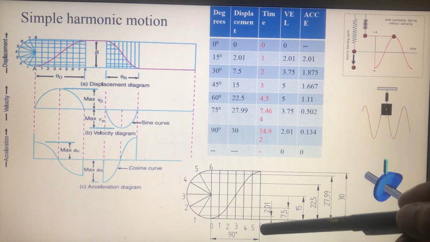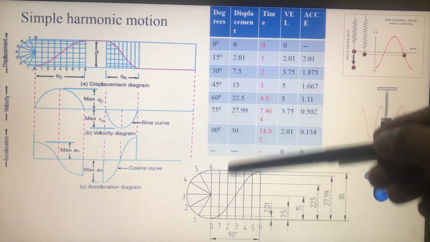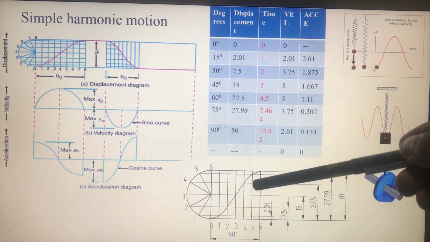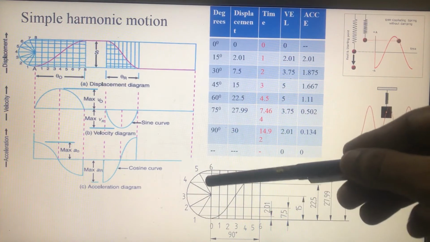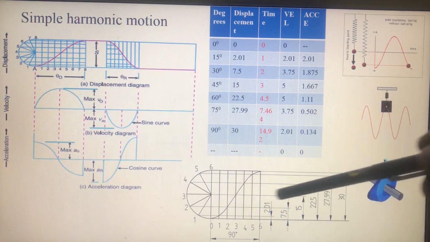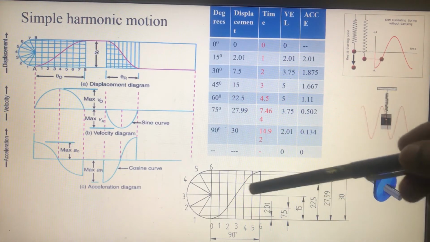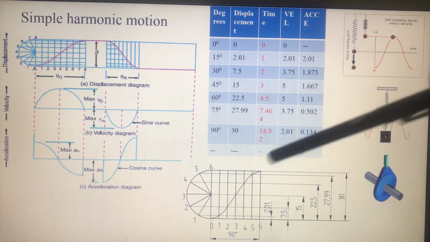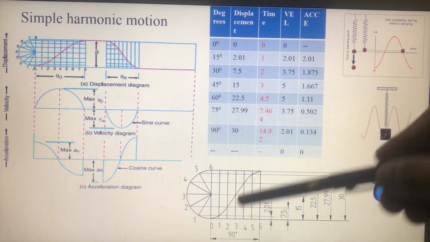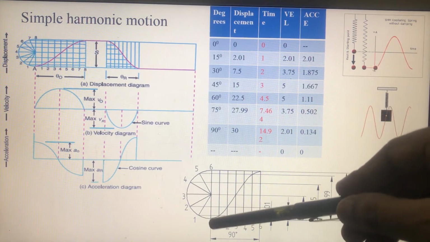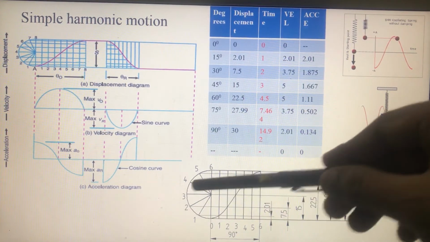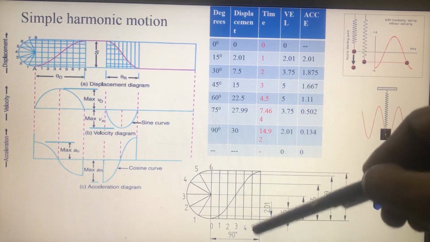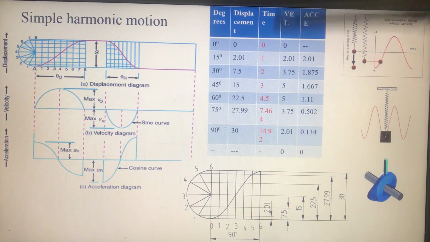After dividing this into 6 equal parts, I'll draw vertical lines from each point, and from the points on the semicircle, I am drawing horizontal lines. After the vertical and horizontal lines, I locate the intersection points, that is 0 to 0, then 1 to 1, 2 to 2, 3 to 3, 4 to 4, 5 to 5, 6 to 6.